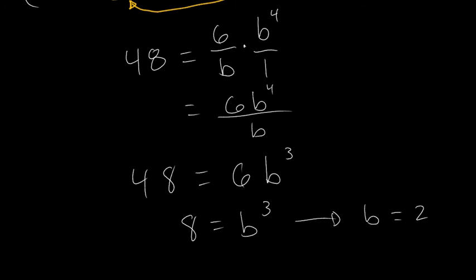If you don't have this memorized like we do here, you could raise both sides of this equation to the 1/3 power. The reason I selected the 1/3 power is that b to the third raised to the 1/3 is just b, which gets it alone. And on the other side, I evaluate 8 to the 1/3, and I see that it is equal to the number 2.